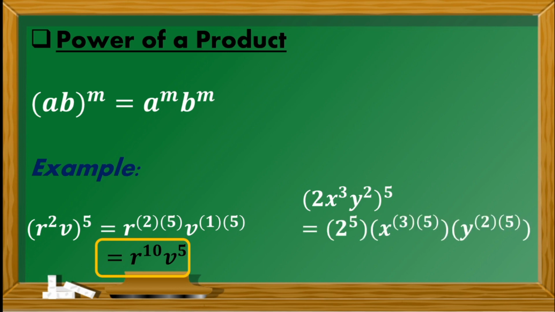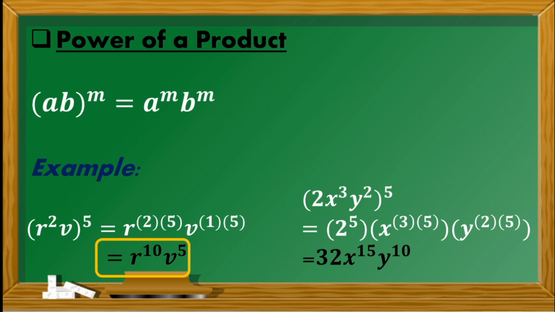Kaya magiging siya 2 raised to 5 times x raised to 3 times 5, yung exponent ni x na 3, and then yung 5 sa labas, times y raised to 2 times 5. Exponent ni y dito na 2, and then imumultiply natin doon sa exponent niya sa labas na 5. Ang final answer ay 32, x raised to 15, y raised to 10.